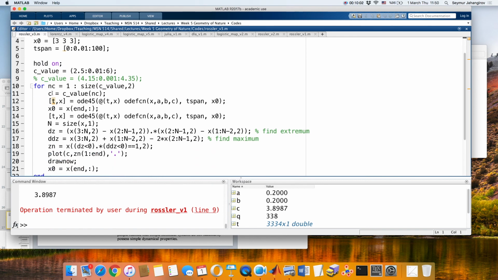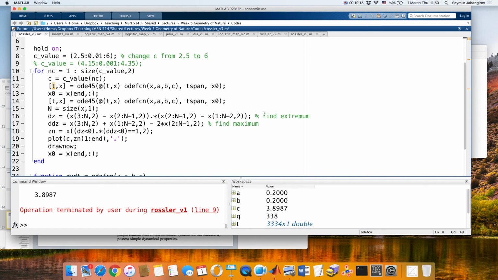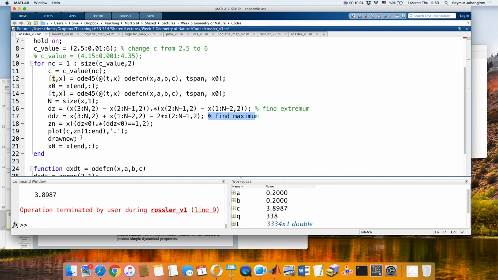As c is changing, I change c from 2.5 to 6, in the meantime I'm finding these extremums and these maximums. You remember us doing that? I hope you do. Then instead of this attractor, I will just plot the extremums. So let's watch it happen.